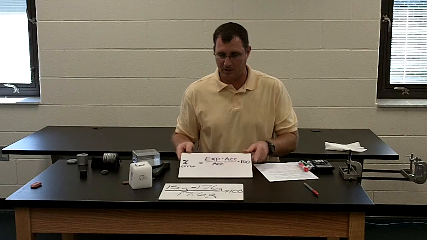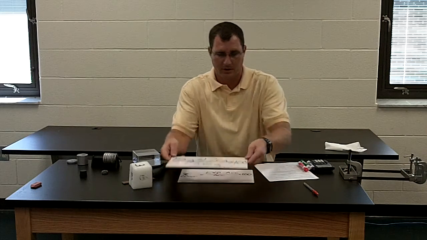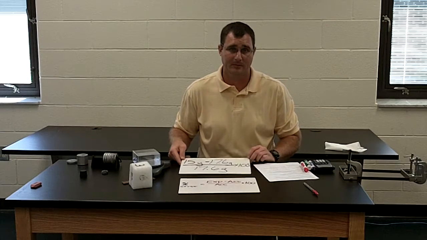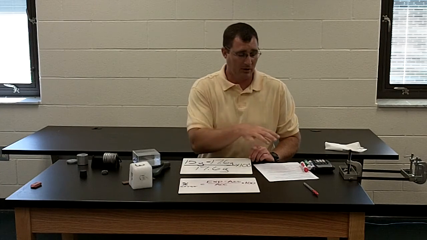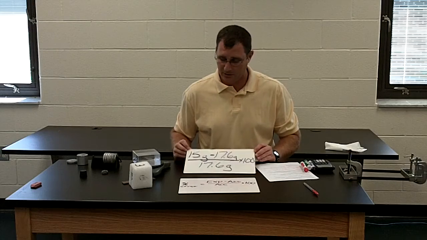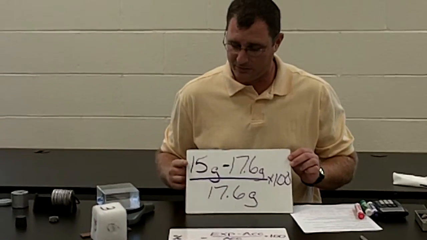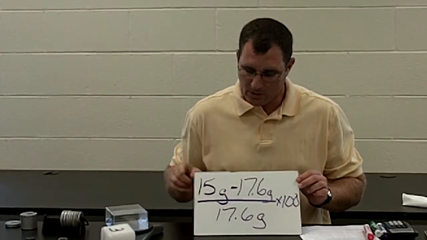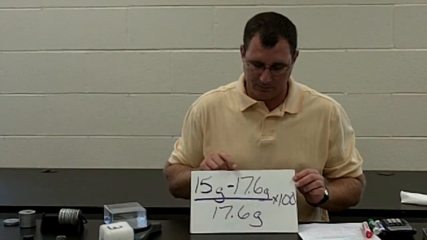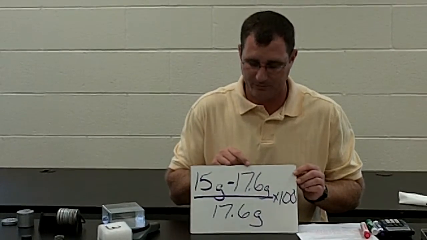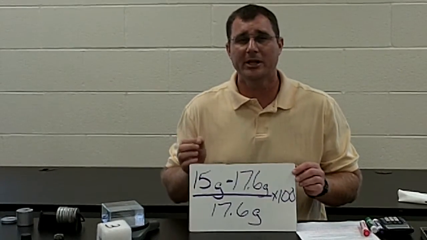So let me go ahead and stick my numbers in there. All right, so I'm going to do the copper nut. You guys on your worksheet can follow along and you can do the other ones yourselves. So the experimental value, when I felt it, I thought it weighed 15 grams. Then I subtracted the accepted value of 17.6 grams. Make sure you hit total here.